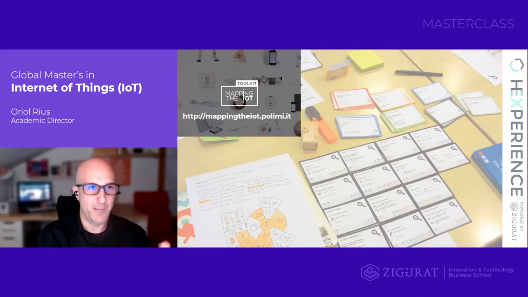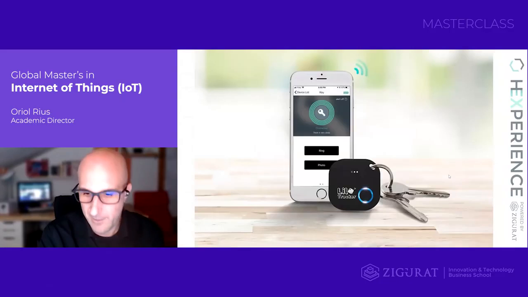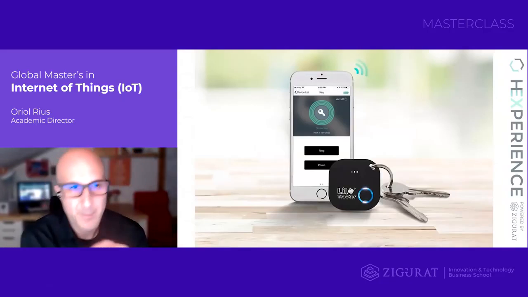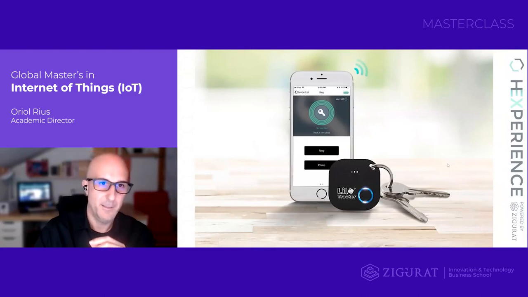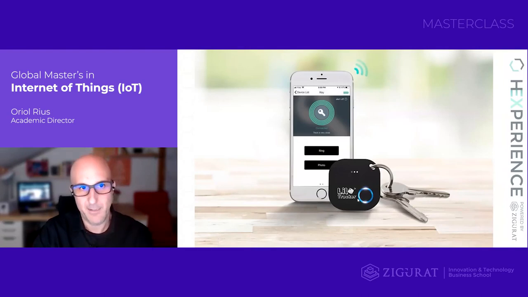Okay, so I invite you to go to that URL for finding the project, and with the few minutes that we have in this class, we are going to see how we can face a hypothetical IoT project. In this case, as you can see, it's a smart key ring project.